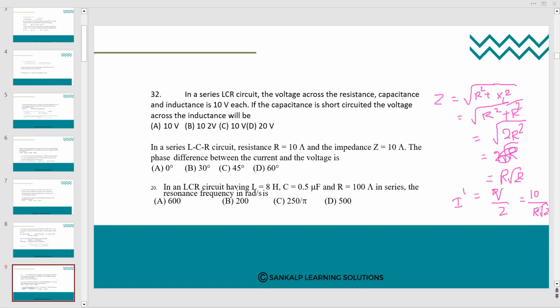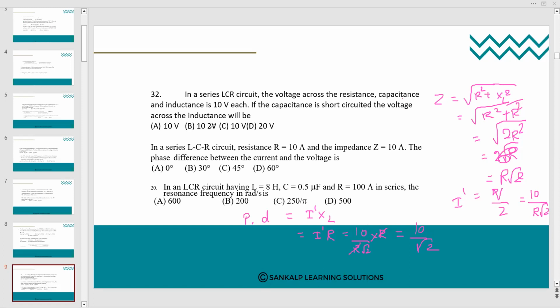Now the potential drop across the inductance is given by I dash into XL, which is equal to I dash into R, because the capacitor is short circuited. So I dash value is 10 divided by R root 2, into R. R will get cancelled. Therefore we are going to get 10 divided by root 2.